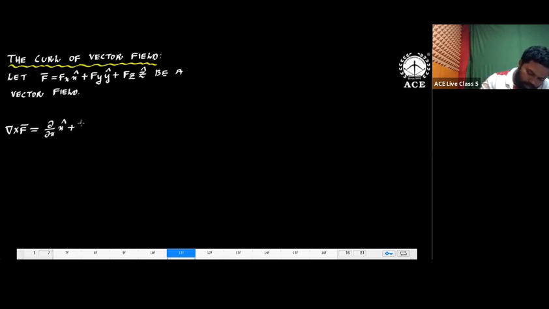Del cross F is equal to dou by dou x x cap plus dou by dou y y cap plus dou by dou z z cap, cross product with Fx x cap plus Fy y cap plus Fz z cap.